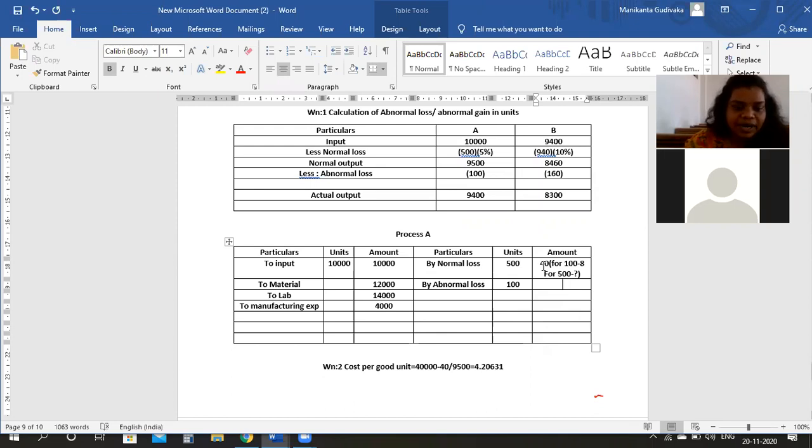So I will take 421 because you are getting 420.6. Right. Now the balance, whatever you have, needs to be taken to your next process, that is process B. We are transferring 9,400 units. Please calculate again 9,400 into cost per good unit, that is 4.20631.